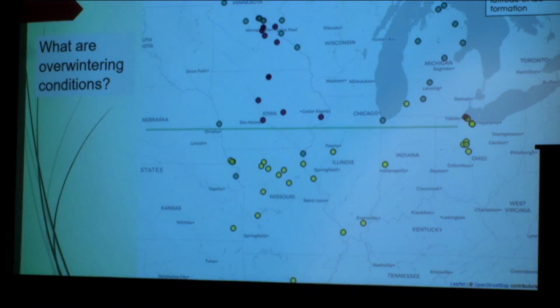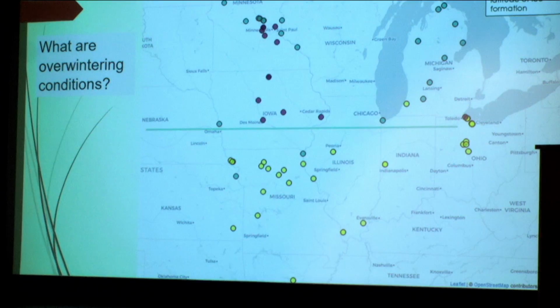So again, swans have to find areas to feed and find open water in the winter, and so that's really driving a lot of their movement patterns.